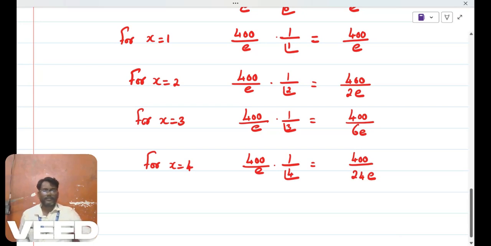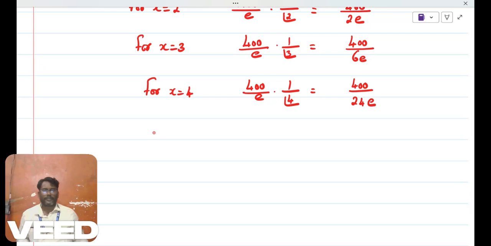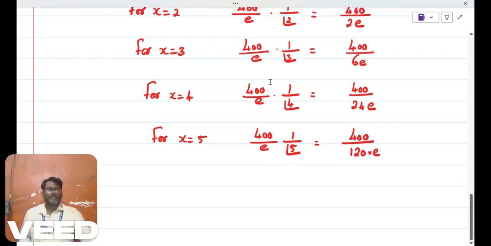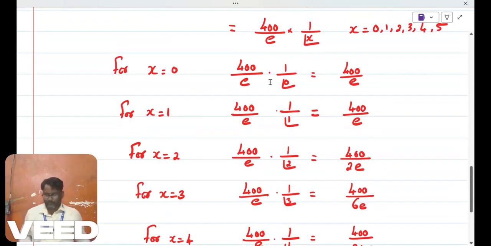And next, the last one, for x equal to 5, we get 400 divided by e into 1 by 5 factorial, 5 factorial is 120, so 400 divided by 120e.